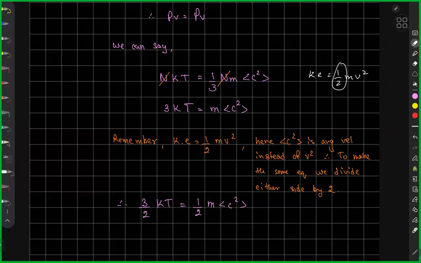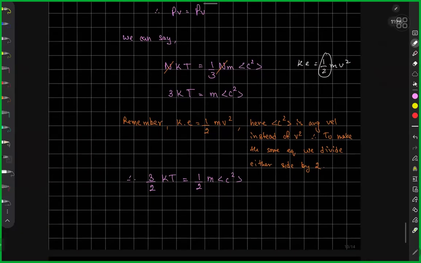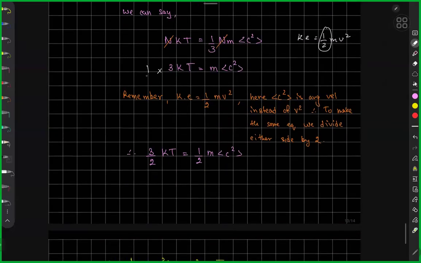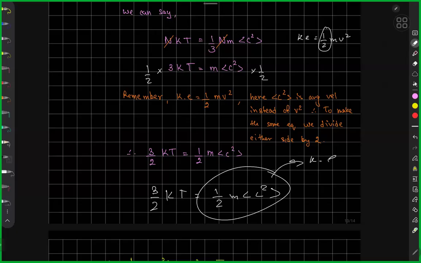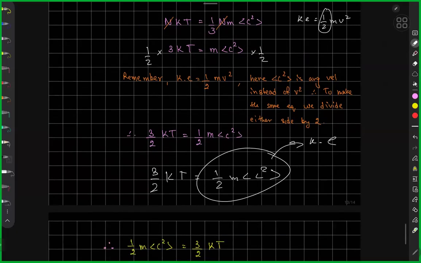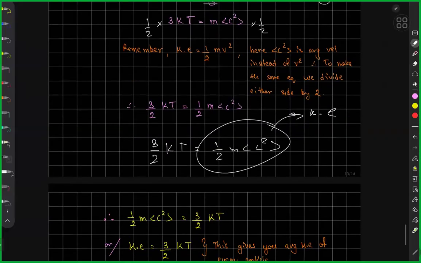Can I multiply with half on either side? Yes, I can. There's no problem. So what I do is I multiply by half. What I'm getting is 3 by 2 kT is equals to half m mean square speed. This is what? KE, kinetic energy. So kinetic energy is actually equal to 3 by 2 kT.